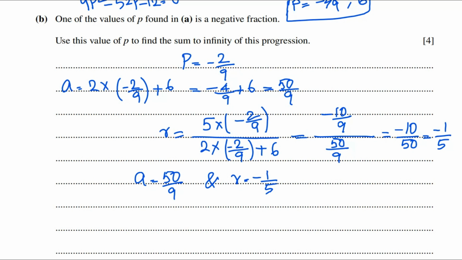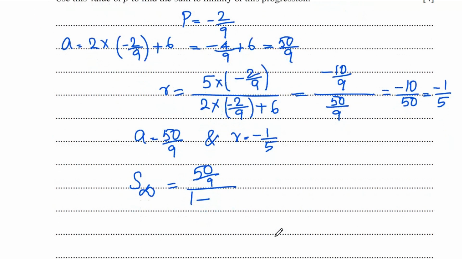Now let's find out sum to infinity, which is A, that is 50 over 9, divided by 1 minus R. So minus multiplied by minus, this will become plus 1 over 5. So this is 50 over 9 divided by, take LCM, so we get 5 plus 1, 6 over 5.